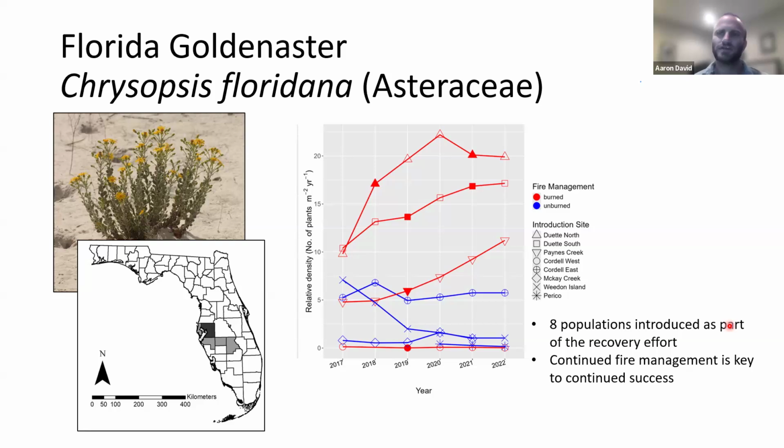It was federally listed back in 1986, and the U.S. Fish and Wildlife funded a number of introductions, of which about 8 of them happened in the late 2000s, early 2010s, by Bok Tower Gardens. That was part of the recovery effort to really try to establish new populations to supplement a lot of these wild ones, which were either tanking or just on unprotected property, or otherwise just not doing well.